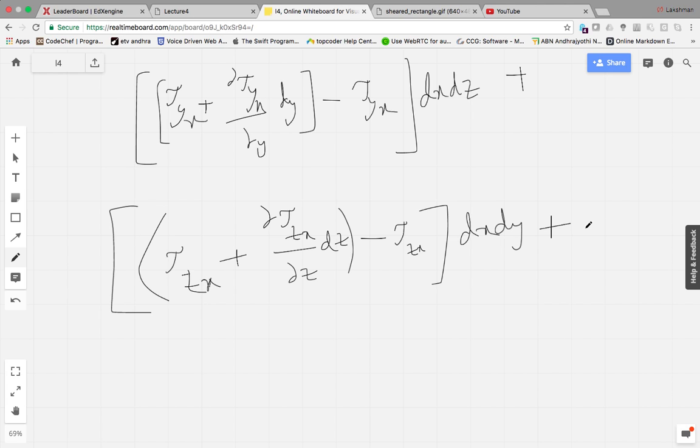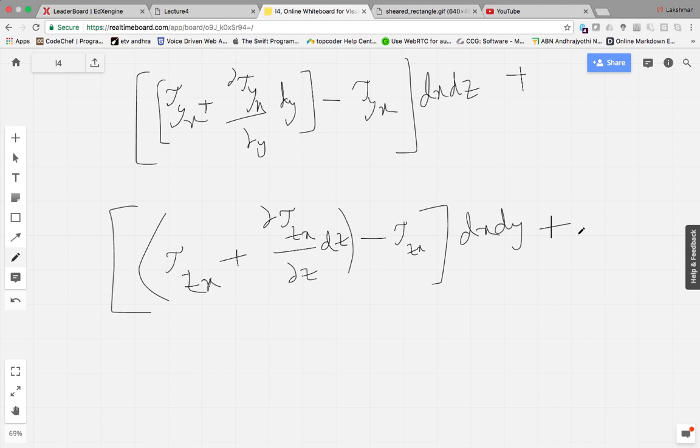Body force, if it is gravity, you have to write mass multiplied by g, where g is the acceleration due to gravity. So let's make it a general term. Okay, let's make it gravity for the time being.